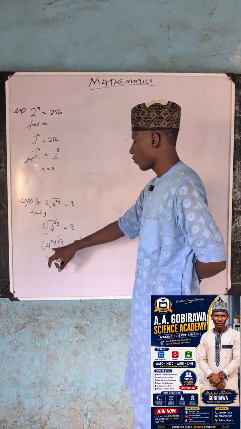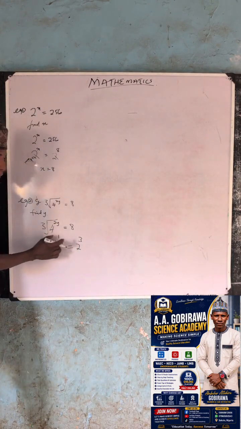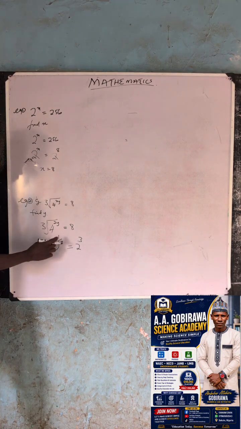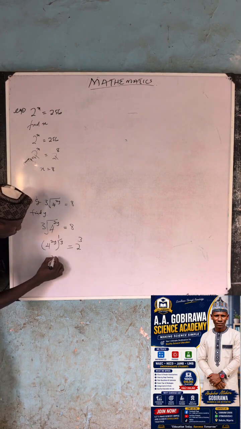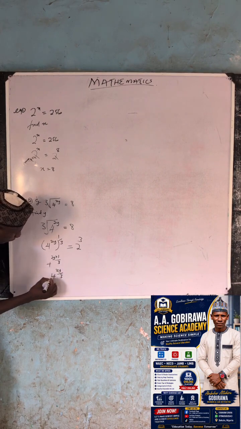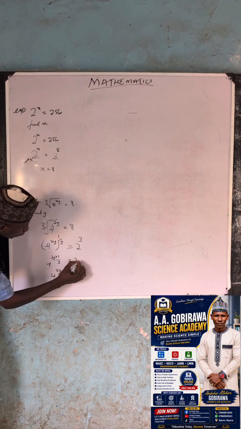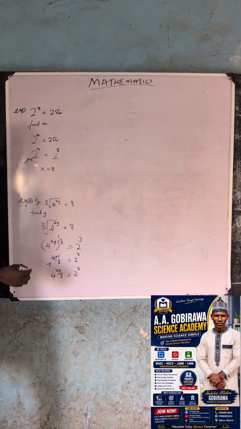Sai mu gyara 4 din mu, sai mu to mu ce kamin mu gyara 4 ko muna iya expanding bracket din mu, sai mu dauke powers din mu, sai mu to mu ce muna da 4 power 2y multiply by 1 all over 3 zai zama what? 4 power 2y divided both side by 3 is equal to 2 power 3, ko ba haka ba?